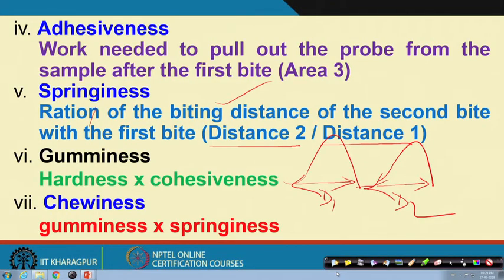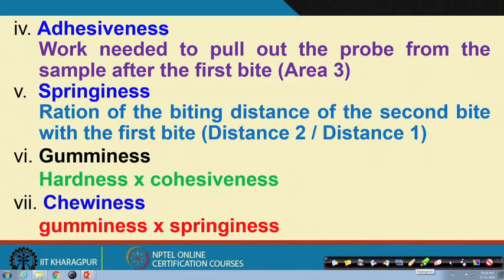Once we know all of them, we are able to describe the texture properly.